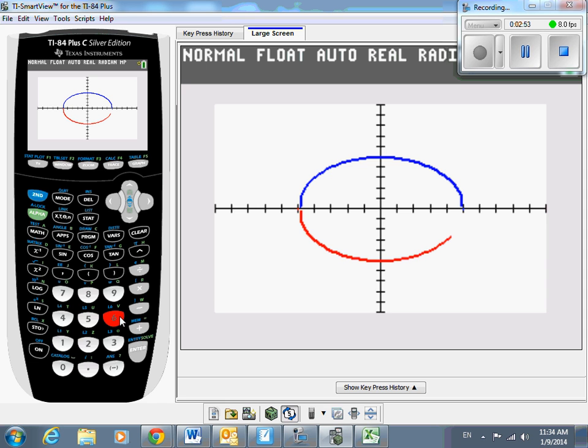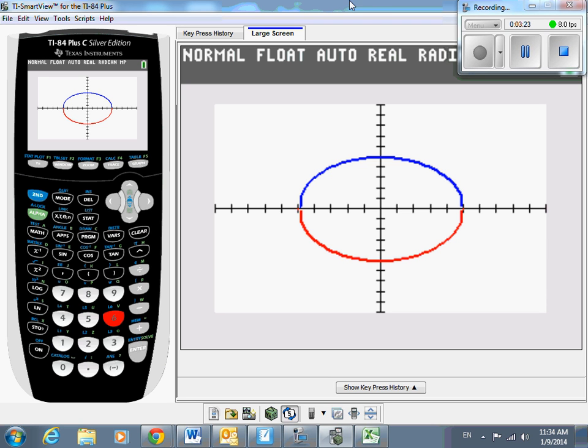It looks like an oval, but is it an oval? Let's go ahead and see. What do you think the center is? The center is 0, 0. Now, from the center, how many units above? 5. On the left? 5. On the right? 5. On the bottom? 5. So what is it? It's a circle. You got to be careful. The calculator will show you something, but you got to know what it is.